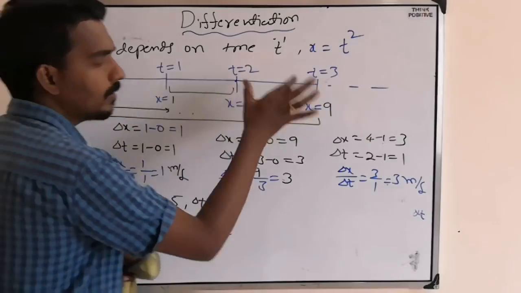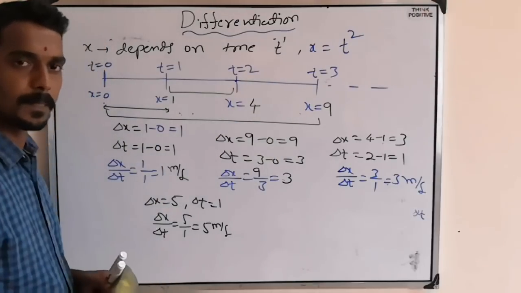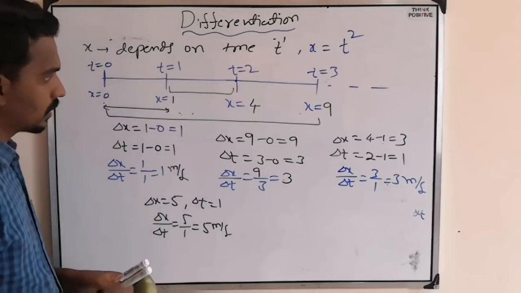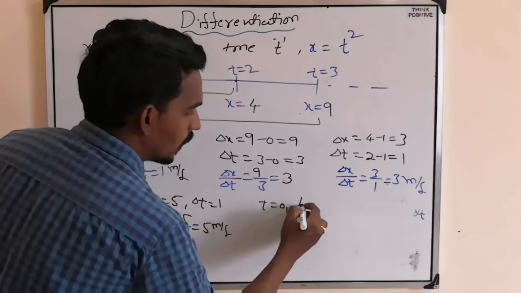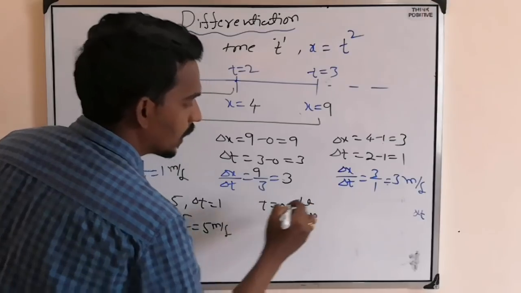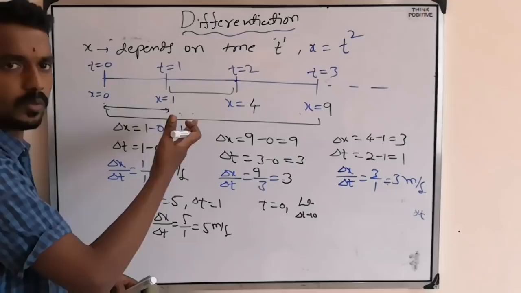So, these are average change in 1 second. Right? But when you consider at t equal to 0, under the limit delta t tends to 0, at t equal to 0 there is no t1, t2.